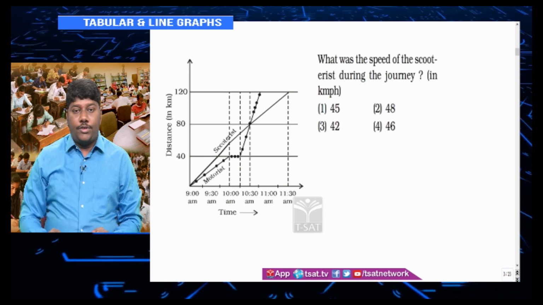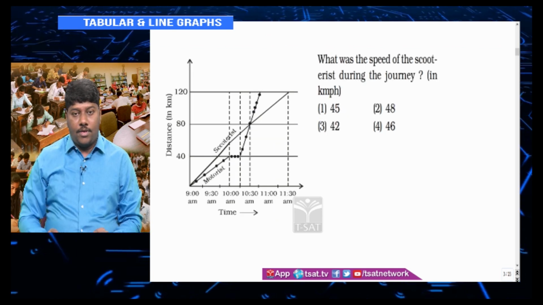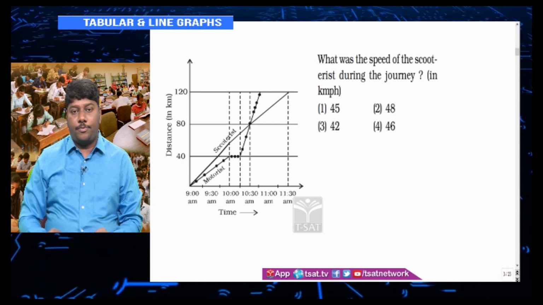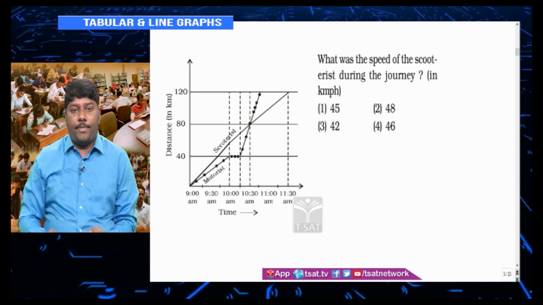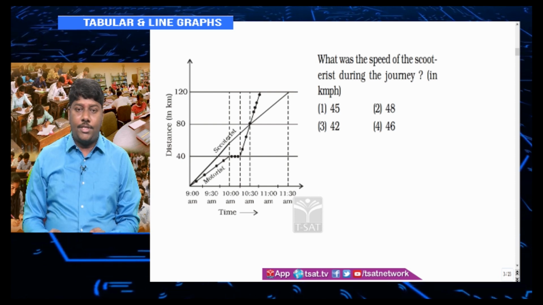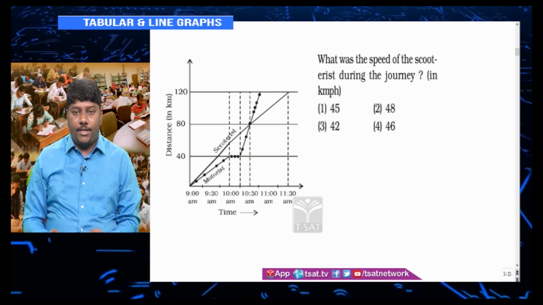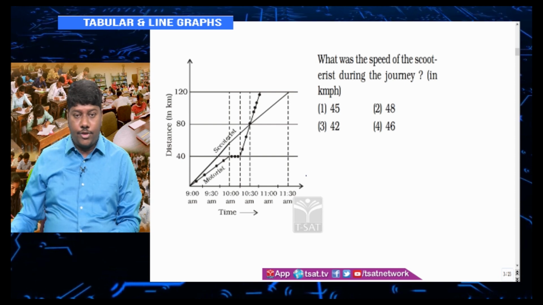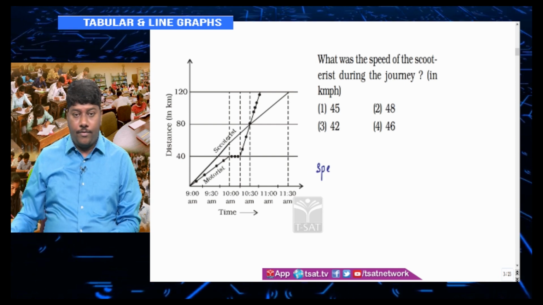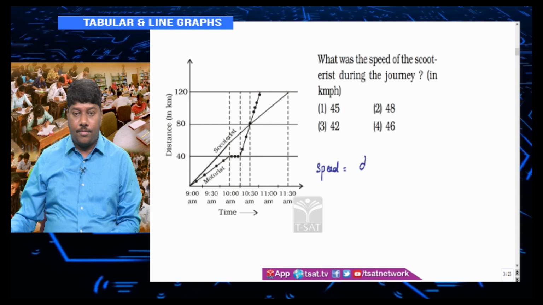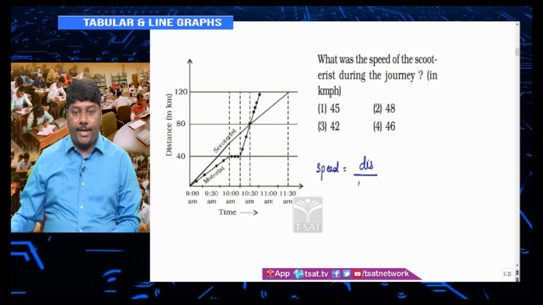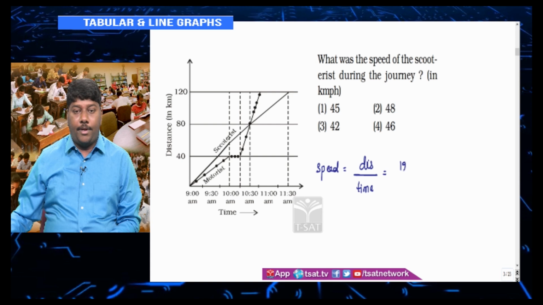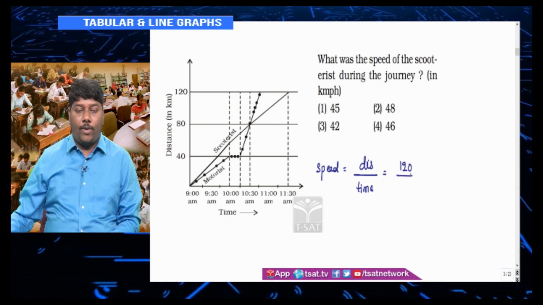What was the speed of the scooterist during the journey? Now he is asking you the speed of the scooterist. What do you mean by speed? Speed is nothing but distance travelled divided by time taken. Now what is the distance travelled by both of them? Clearly it is given that 120 kilometers was travelled by both of them. So when it comes to speed, we write the formula: distance covered by time taken. The distance covered by both of them is 120, but the scooterist is particularly asked, so 120.